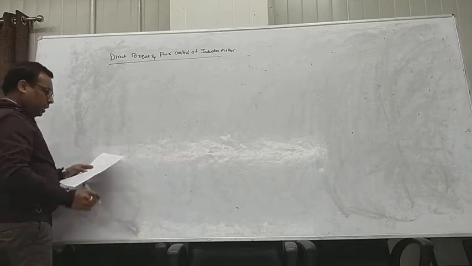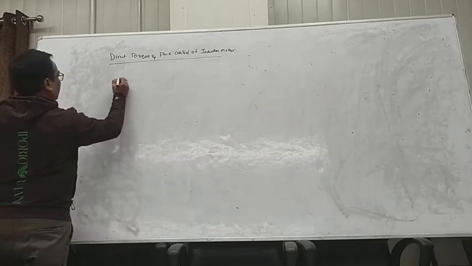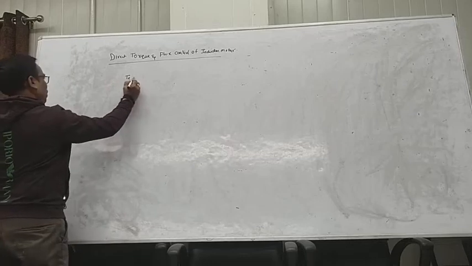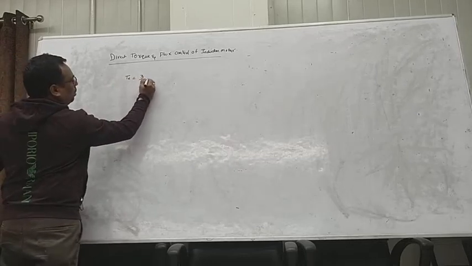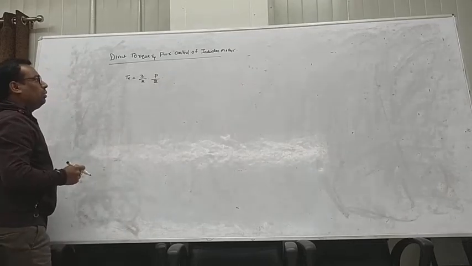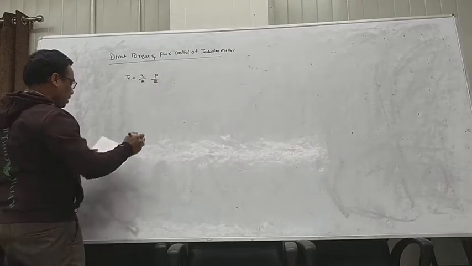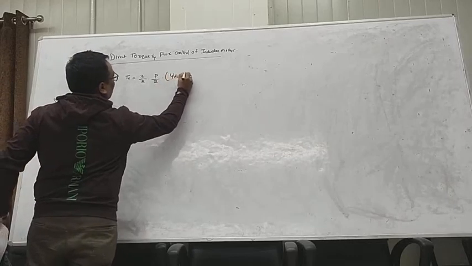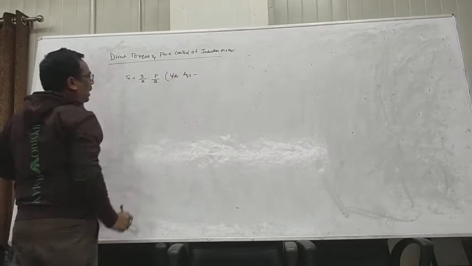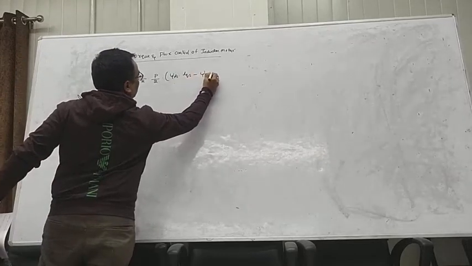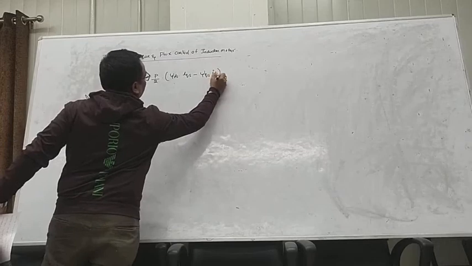By using dq transformation, by using the dq variables, torque Te is equal to 3 by 2 into P by 2 into psi ds iqs minus psi qs into ids.